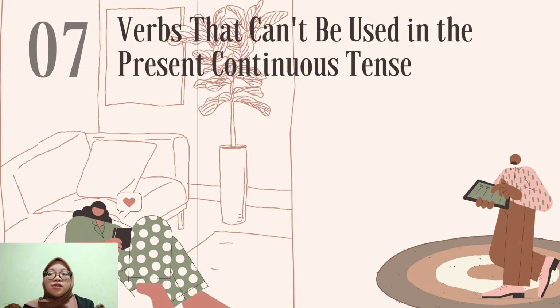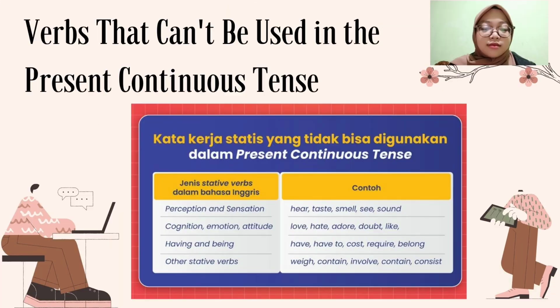Next are verbs that can be used in the present continuous tense. Not all English verbs can be used in the present continuous tense. Many verbs do not describe an action, so they cannot have -ing at the end. These are stative verbs, the opposite of dynamic verbs.